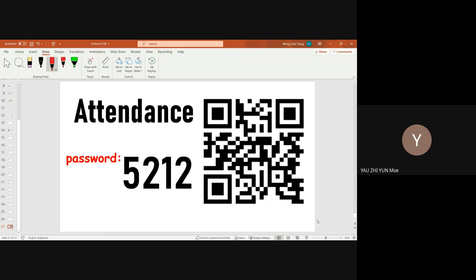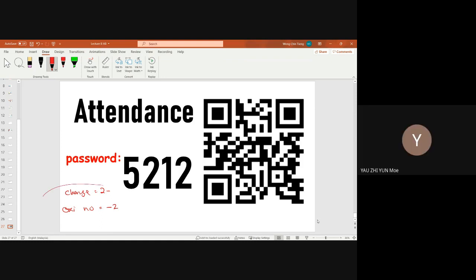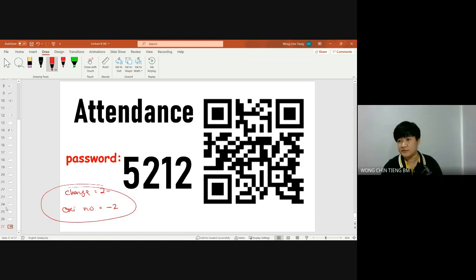I think the biggest difference between oxidation number and charge is the way that you write it. Very quickly: if it's a charge, then it will be 2 minus. If it's an oxidation number, then it should be -2. This is the biggest difference, to be honest.